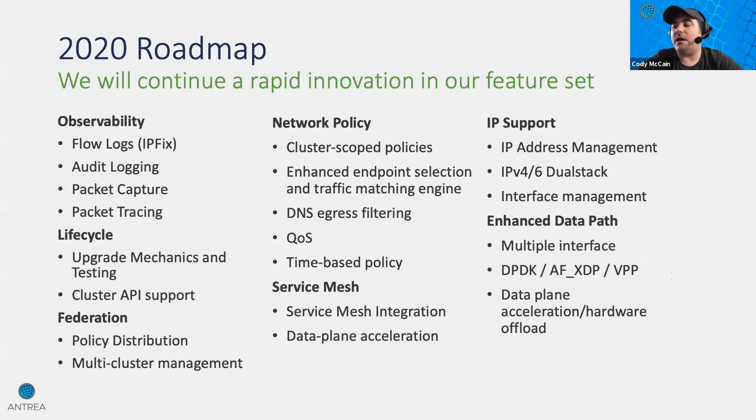We're already working with a couple of those, and we'll be able to offload the policy or filter processing onto those network cards and take it off the main processor. That will again increase acceleration of the data plane and allow us to take advantage of things like DPDK, VPP, and AF_XDP that give us direct connectivity into an application.